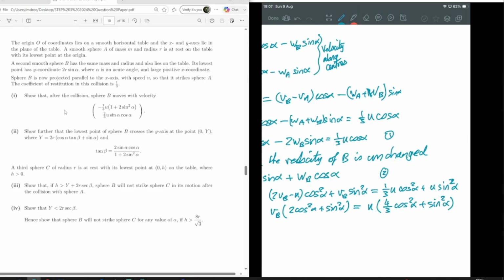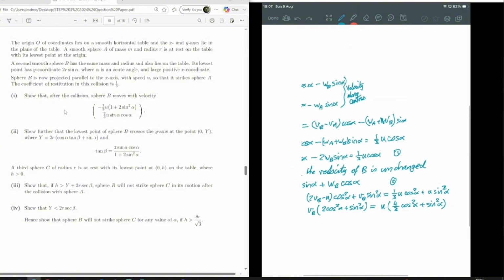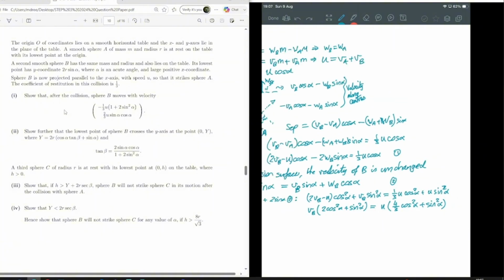Now I'm going to have to divide by this thing, which is, oh, I've forgotten the 2. Have I forgotten the 2? I've forgotten the 2. I'm timesing it by 2 sine alpha. So 1 plus 2 lots, so there's a 2 here, and then plus 2 lots of the u sine, so there's a 2 here.